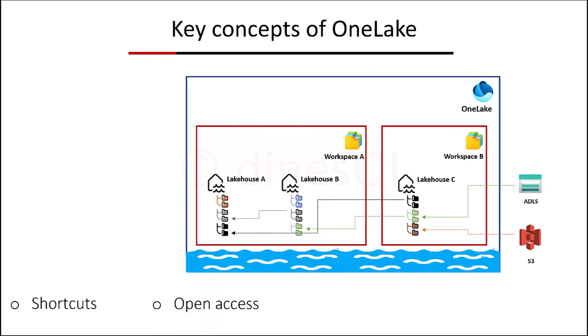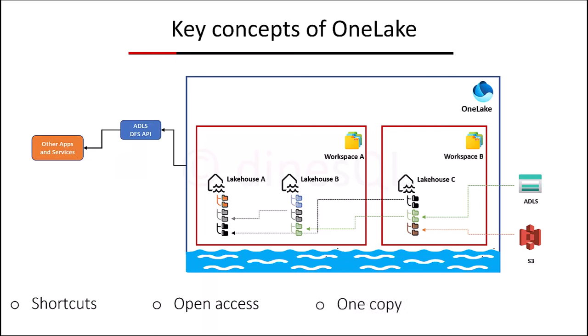So OneLake allows us to simply use the same technique. You don't need to do anything. Let's say one of your applications has been accessing one of your Data Lake accounts through Gen 2 APIs. You can simply change it to OneLake and you don't need to change the code. Okay, you can simply continue with Gen 2 APIs and SDKs for accessing OneLake files.